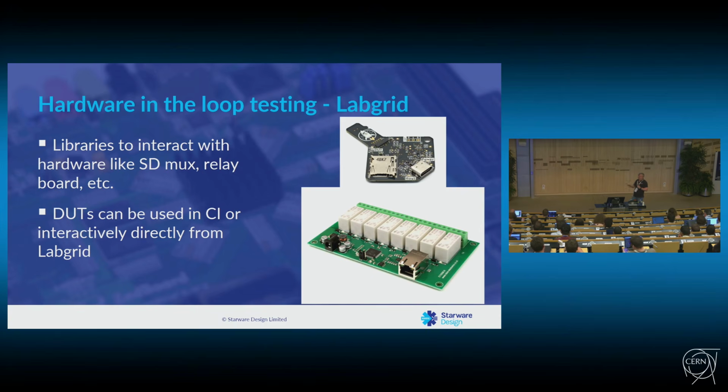So imagine you have in your office a rack with all your products, a board farm, and they're all part of your CI infrastructure, so you run tests every time you push new versions. But then there is an issue with a particular test. So instead of unplugging the board and taking it to your desk, you can remove the board from the pool used by LibGrid, and then you can run your test directly.